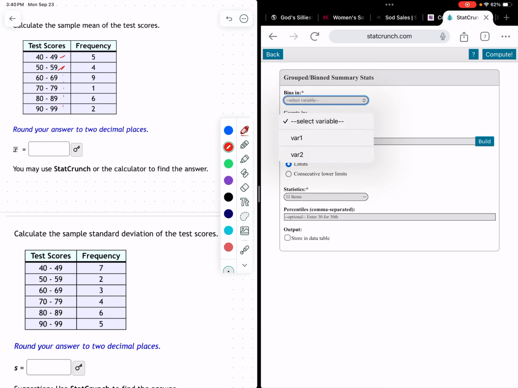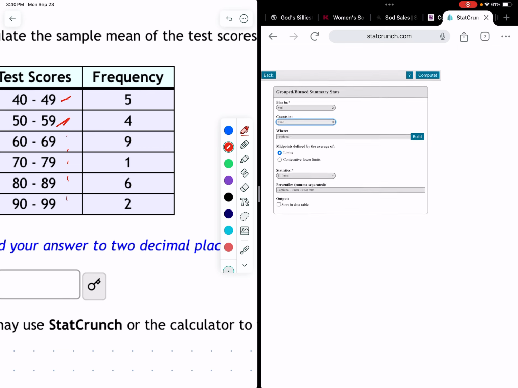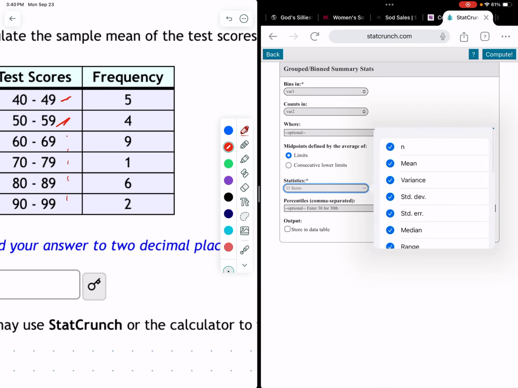My bins, my recycling buckets, are in variable 1. The counts, that tells you how many things are in each one of your recycling bins. That's my frequency. So my counts are in variable 2. I don't care about where. We're not worried about limits. I'm going to choose my stuff.